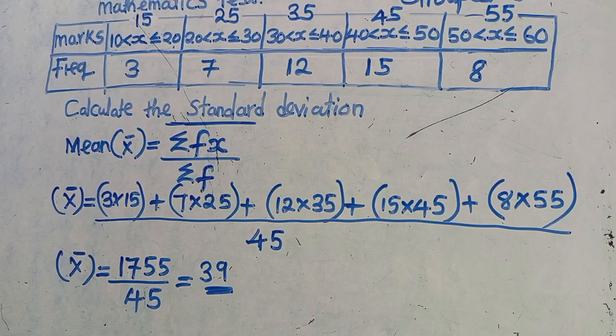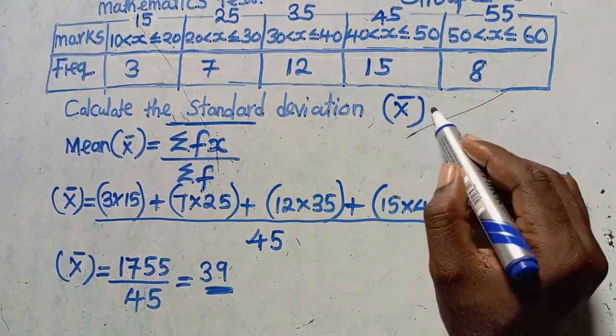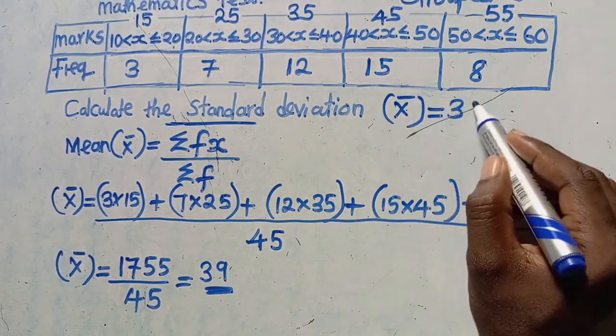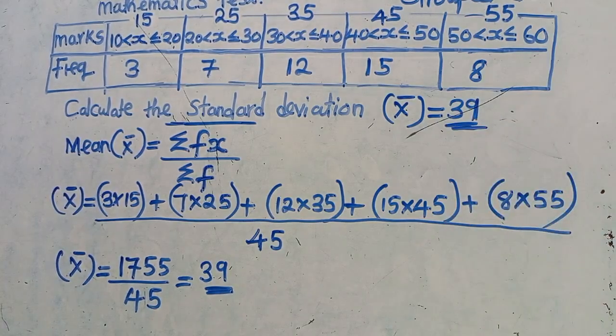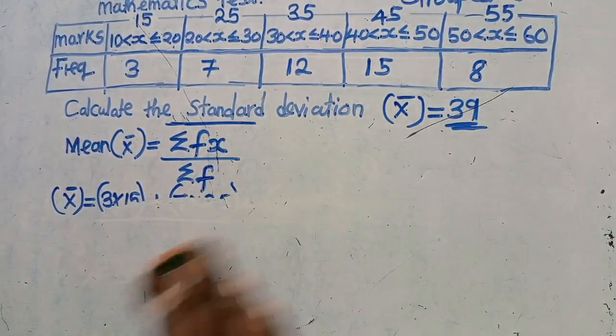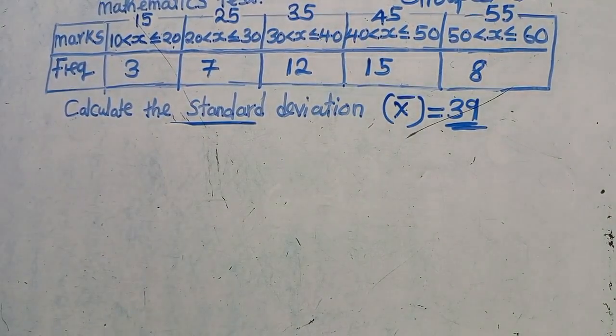So we found the mean. Mean is 39. After we find the mean, we now have to find the variance. This is how you calculate each question.